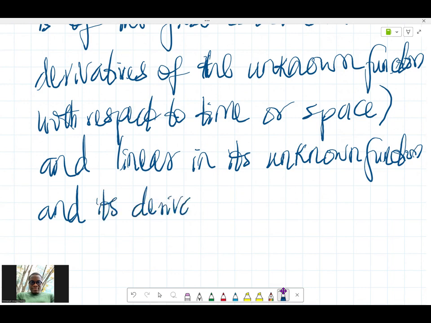In essence, we are saying that the highest power of the unknown function is 1, and it is not multiplied with any of its derivatives and all that.